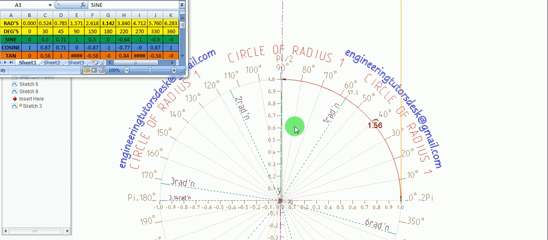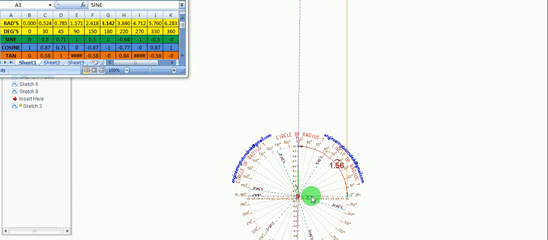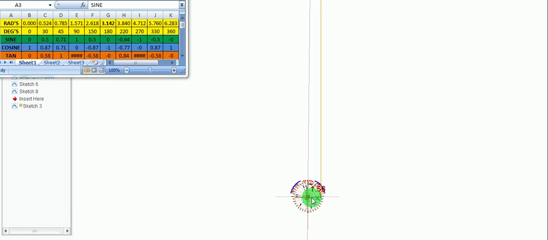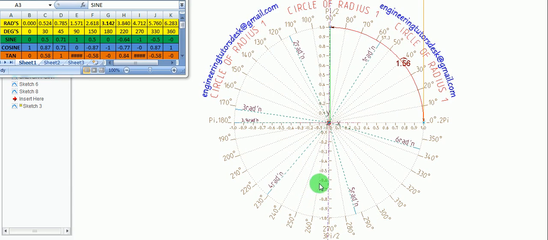That's the reason we call the tan at 90 degrees infinity, which means the angle subtending line and the tan will intersect with each other at 90 degrees at infinity.